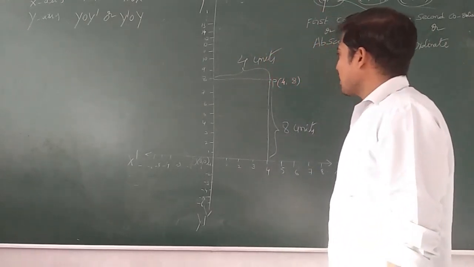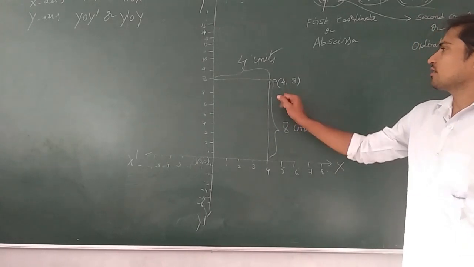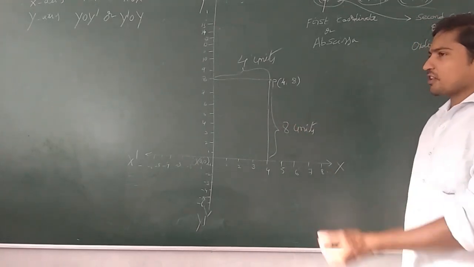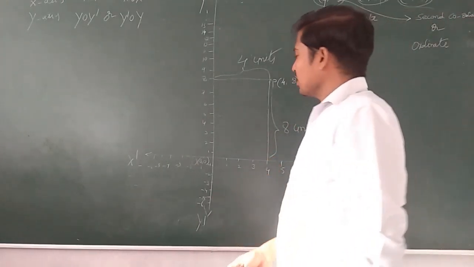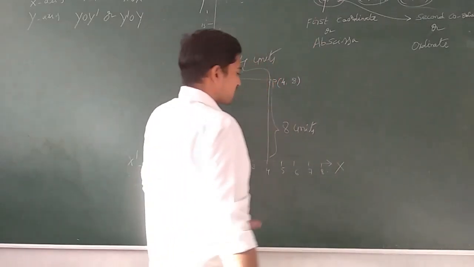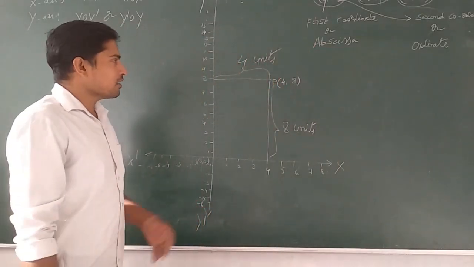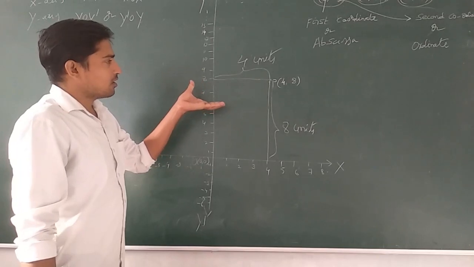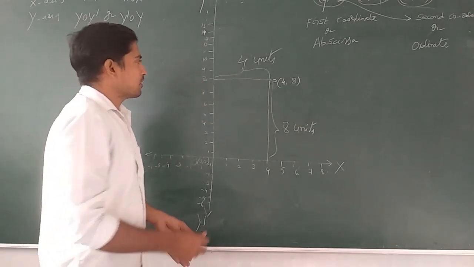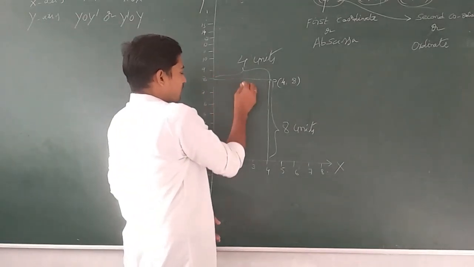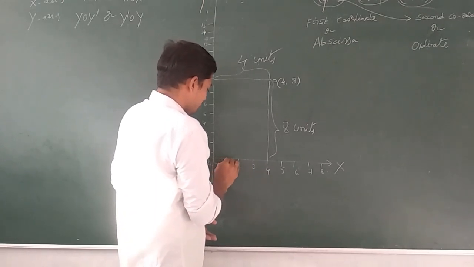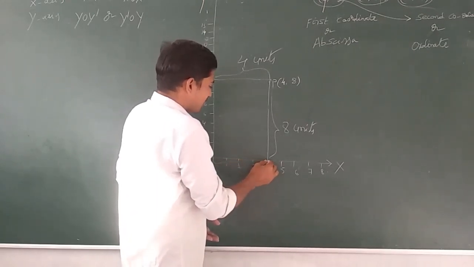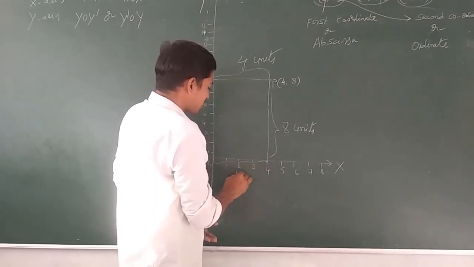Like that, any point we can represent on a plane. This plane is called Cartesian plane. Here, try to observe. That is 4 units. This is also 4 units.